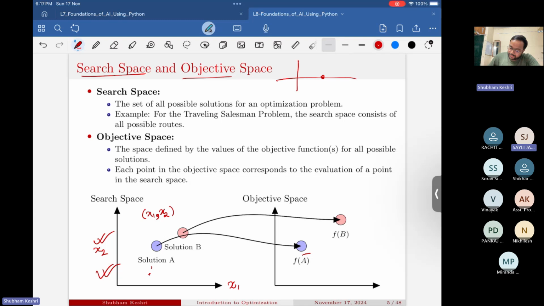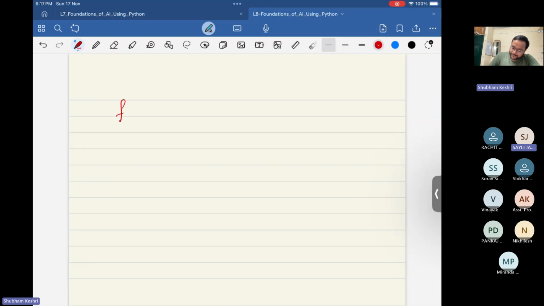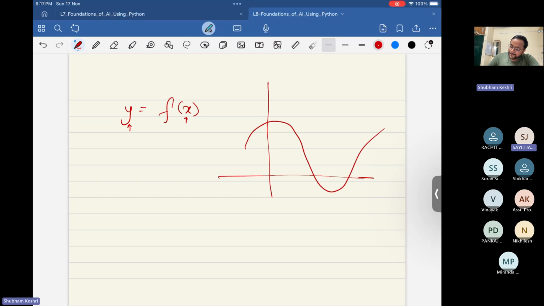No, this is not x and y. These are totally different spaces. But when I write y equals f of x, this is 1D, this is also 1D. So I have a graph like this. Two x values can have the same y value.